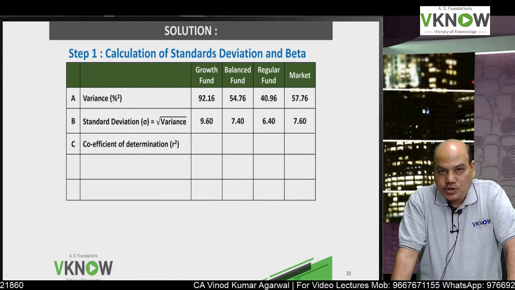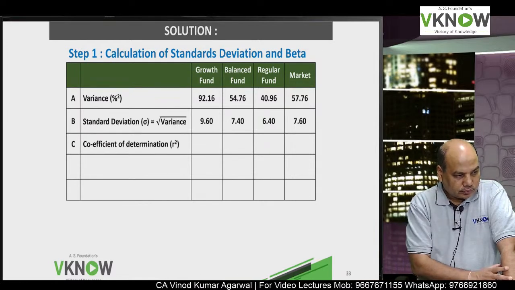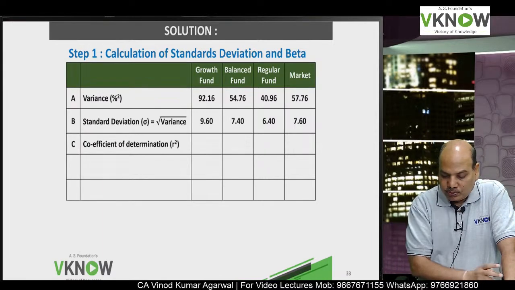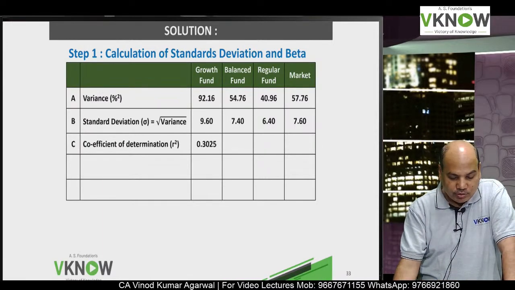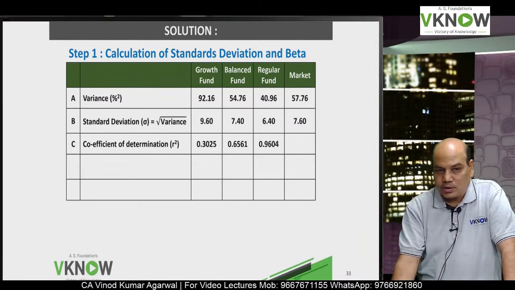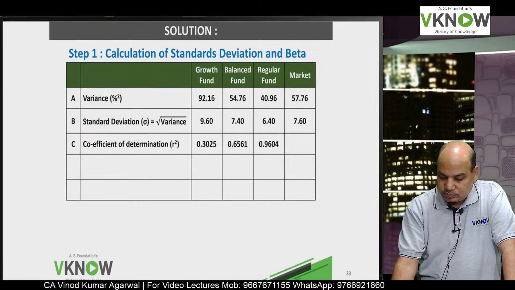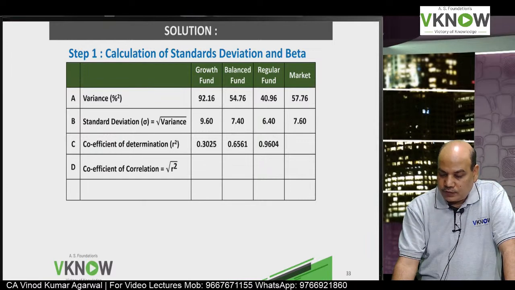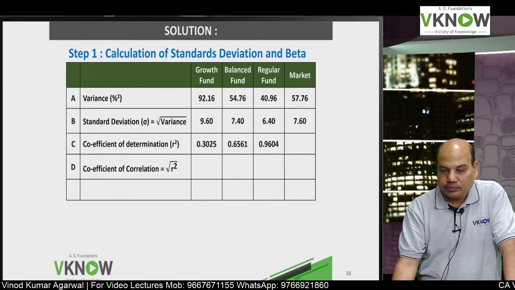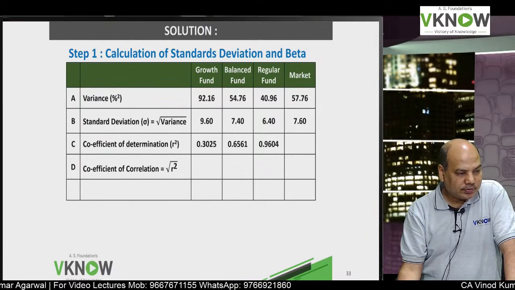Now write down coefficient of determination, R square. Everybody should participate. R square is given: 0.3025, 0.6561, 0.9604.